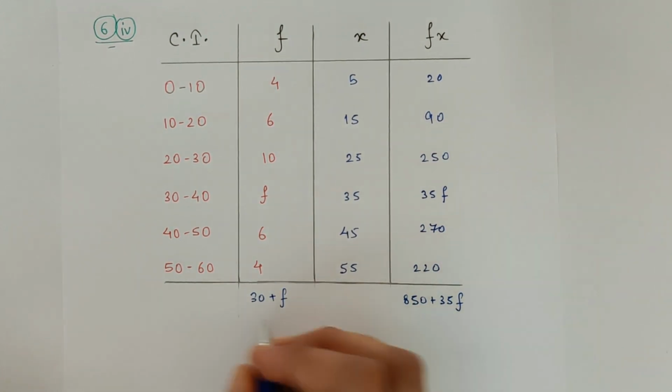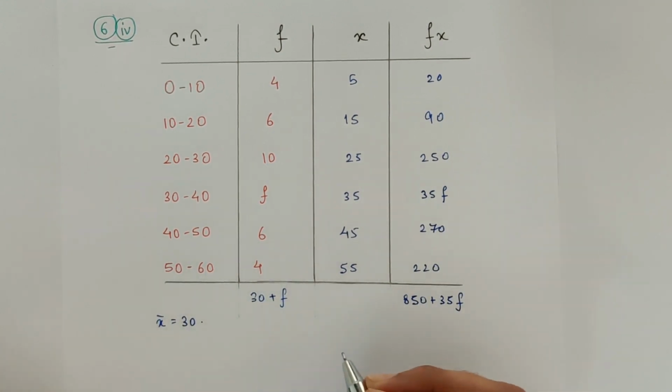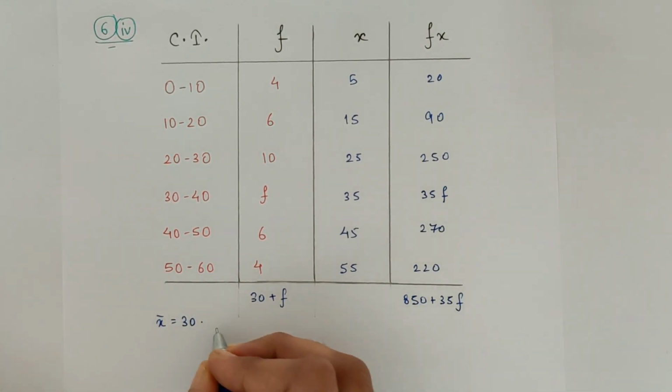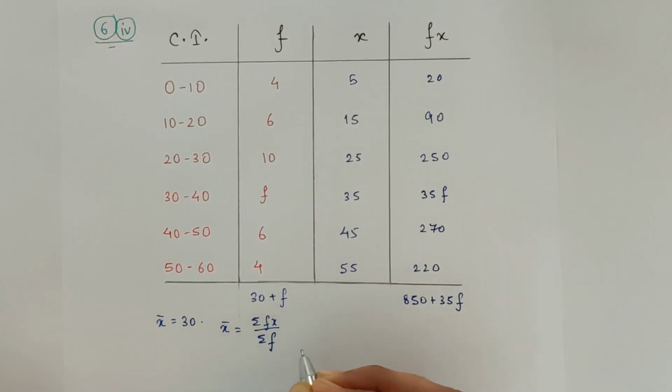The mean is already given, which is 30. Now we know the formula of mean, which is x bar is equal to summation of fx divided by summation of f. So we will have 30 is equal to 850 plus 35f divided by 30 plus f. So what we will get?